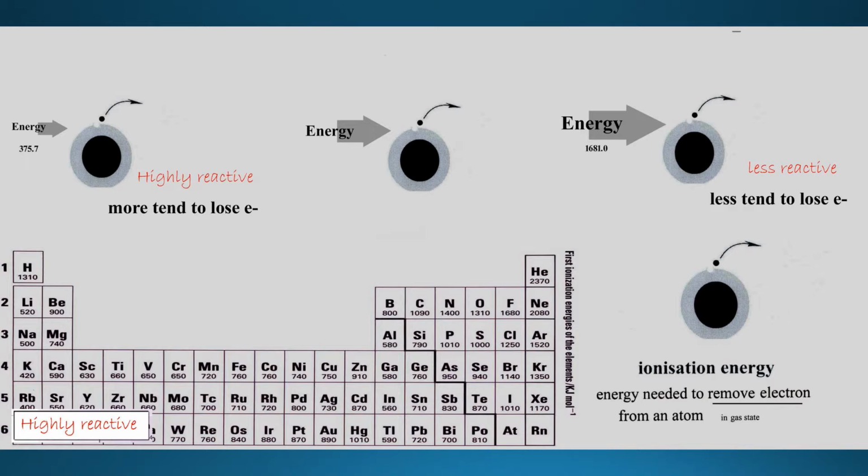The highly reactive ones, which require very little energy to lose the electron, are at the corner, and the trend goes up towards the other corner, which requires very high energy. So you can see that those are less reactive.